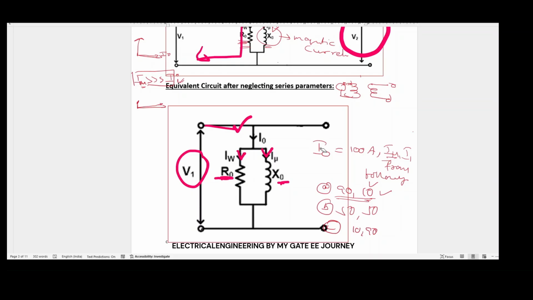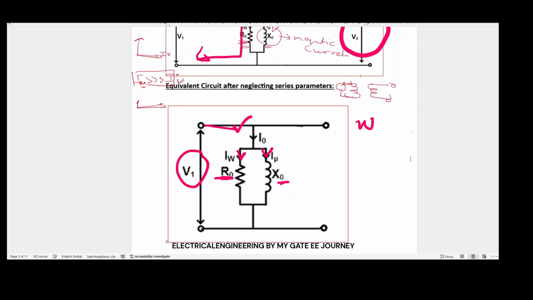From the arrangement circuit, we have three parameters in our hand. First is the input power, how many watts it is drawing. Second is voltage.